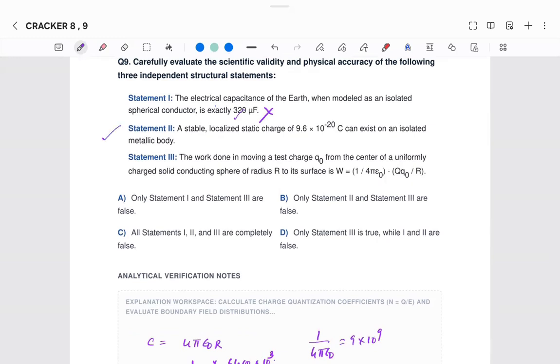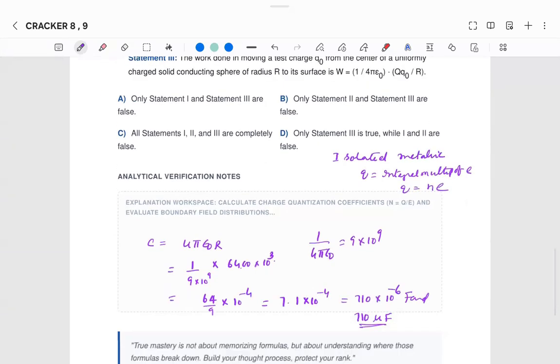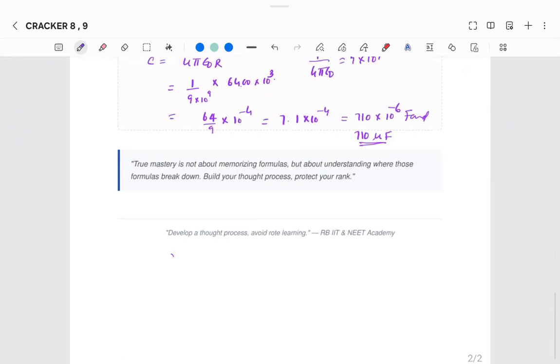Second statement, static charge exists on an isolated metallic body. For an isolated metallic body, charge is an integral multiple of e. That means Q must be equal to Ne. Here what he has given is a Q value of 9.6 into 10 power minus 20.